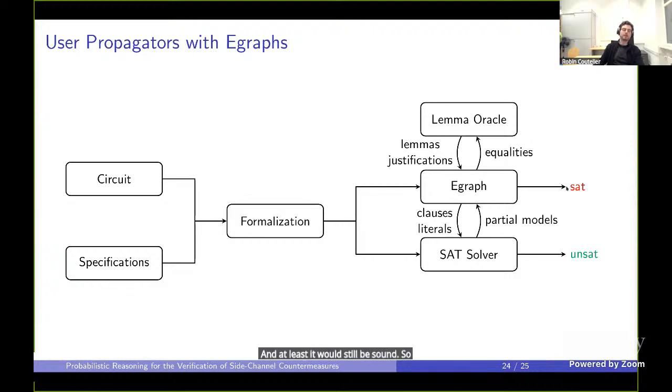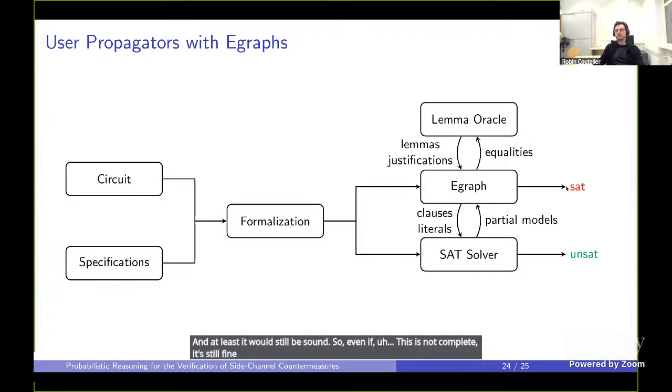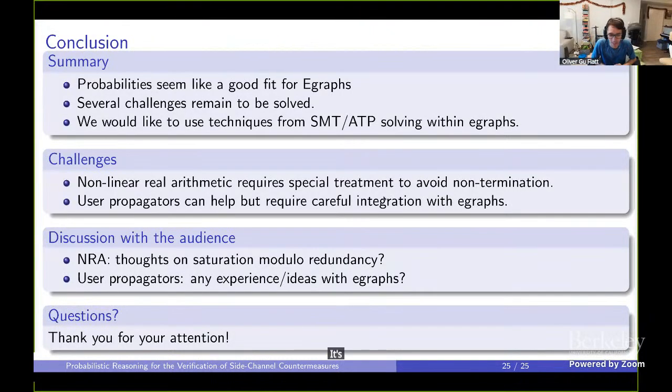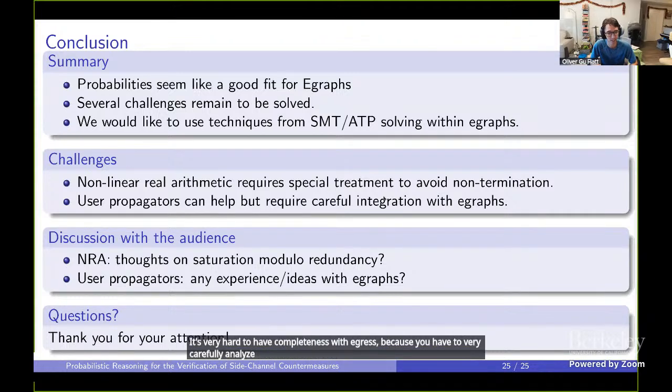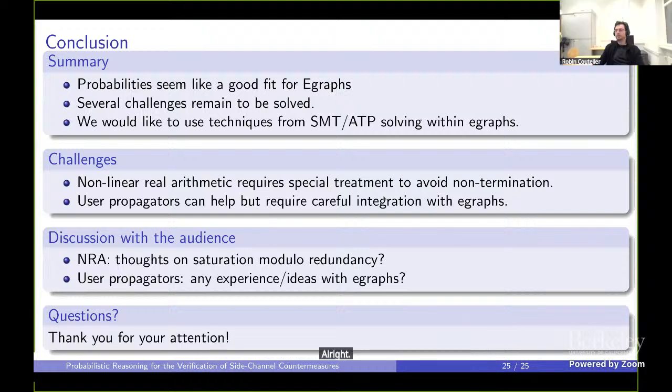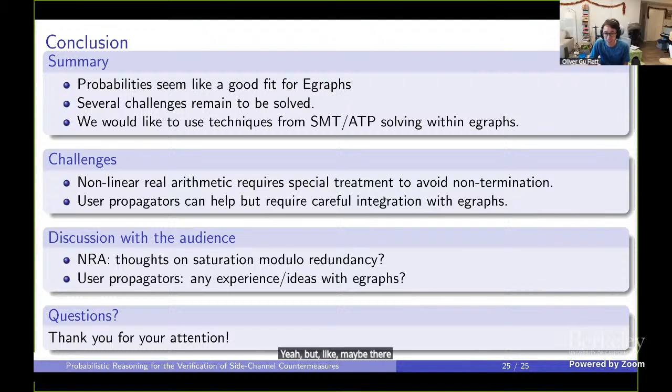So even if this is not complete, it's still fine, I guess. Right. It's very hard to have completeness with egraphs because you have to very carefully analyze your rules. I'm not really sure how to do it. Well, it's undecidable, right? Yeah, but maybe there are some rule sets where it's decidable. I don't know. Yes.